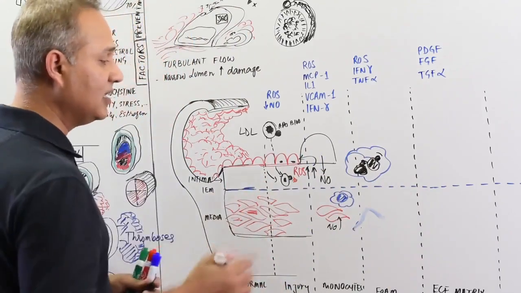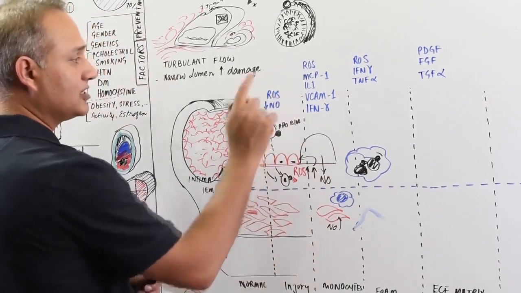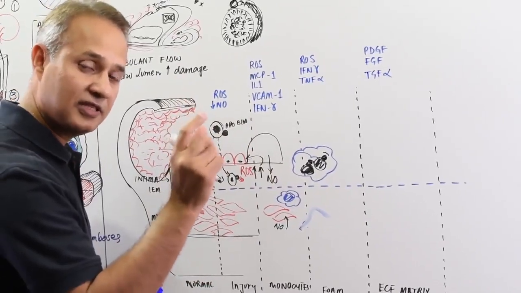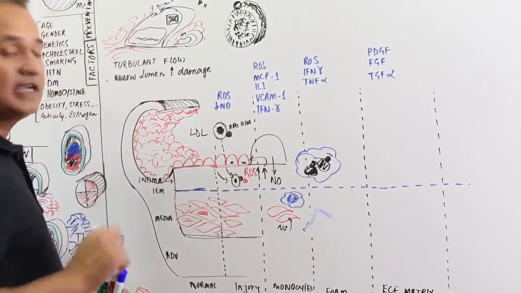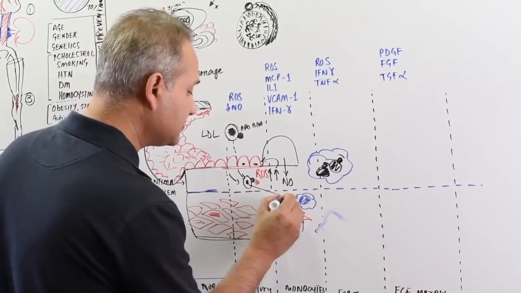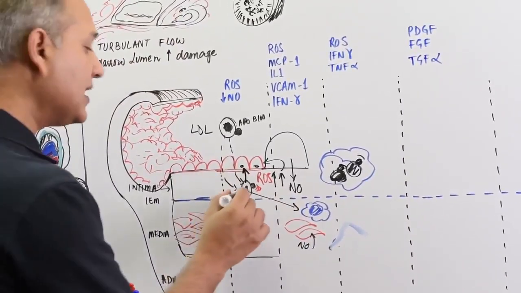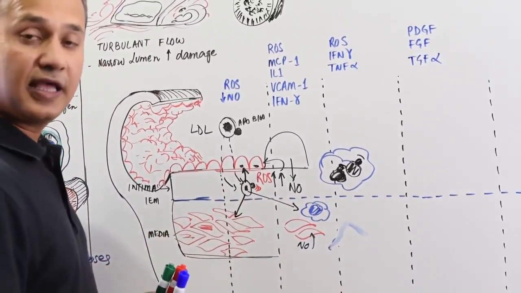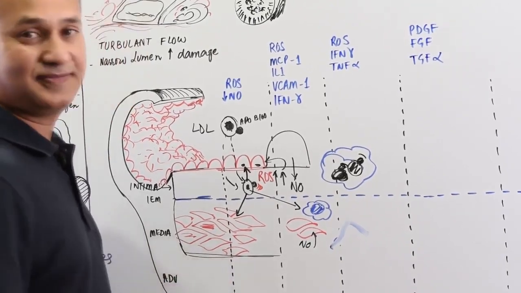And actually this cell would undergo a bunch of changes. I'll talk about that in a second. But the important thing that we want to see here is that this is one effect of LDL, that it helps create foam cells. The second effect of the LDL is it acts on the macrophages, on the endothelial cell, and on the smooth muscle cells, which are present in the tunica media down here, and it causes them to release cytokines.